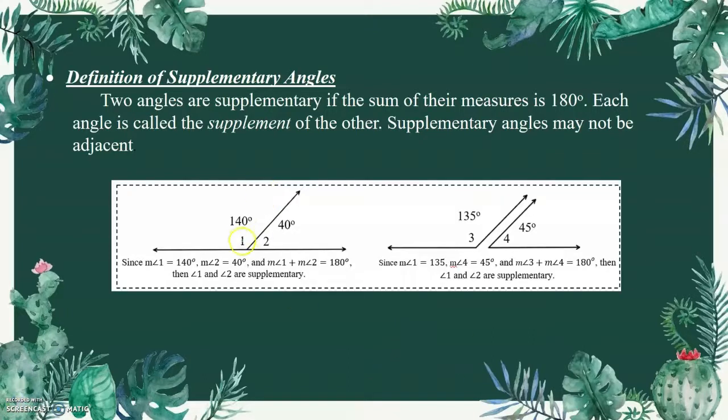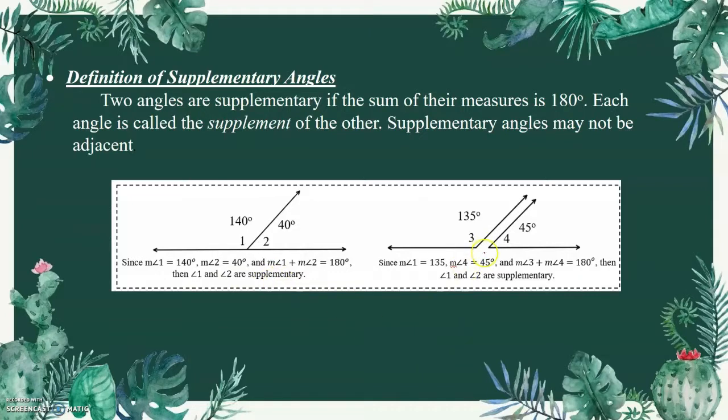To illustrate, we have here angle 1, which is equal to 140 degrees, and angle 2, which is equal to 40 degrees. Now, the measure of angle 1 plus the measure of angle 2 is equal to 180 degrees. So, meaning to say, angle 1 and angle 2 are supplementary angles.